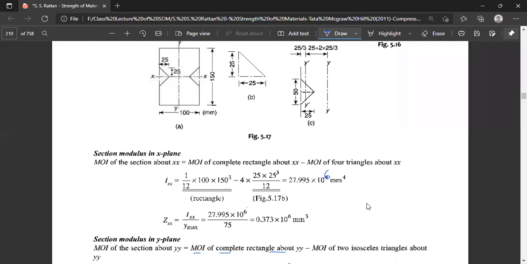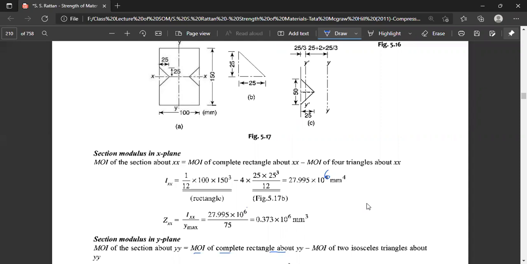This distance is 25, and this is 50, half of this length 100. So from here to here it is 50. So the distance from the y-axis, the y plane, will be 25 plus 2 into 25 by 3.